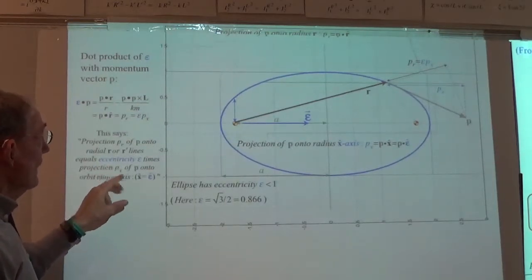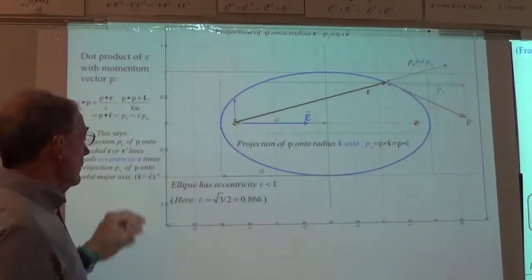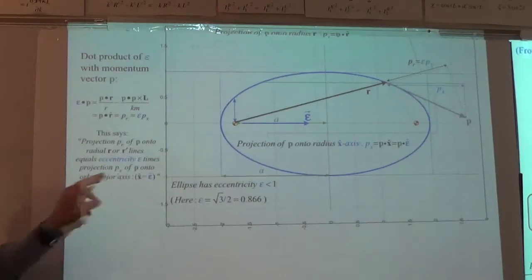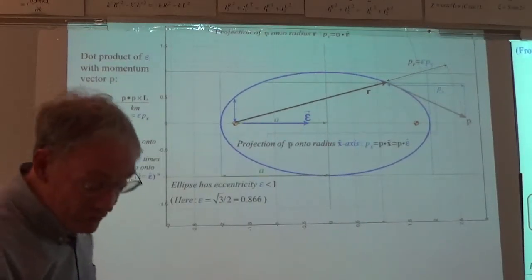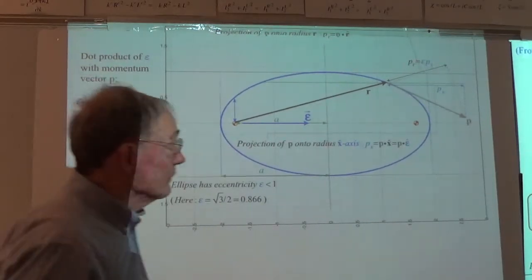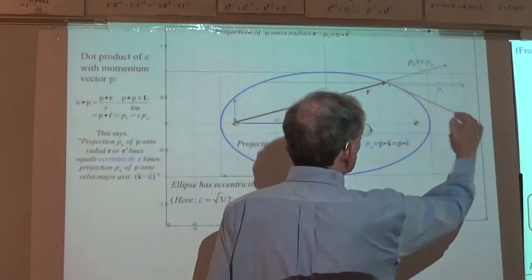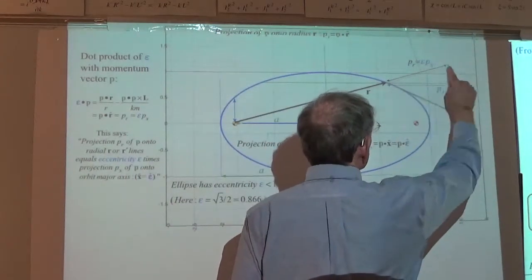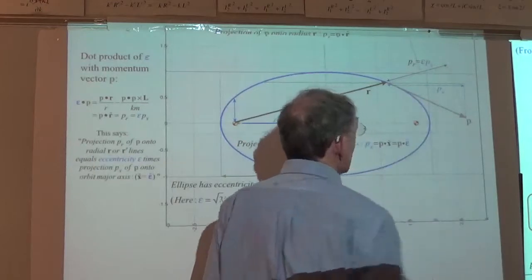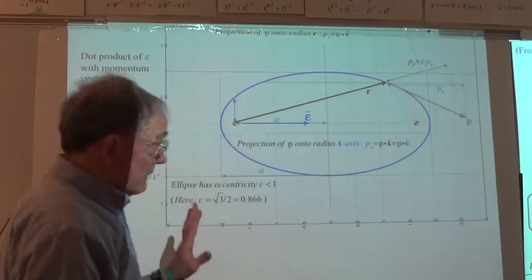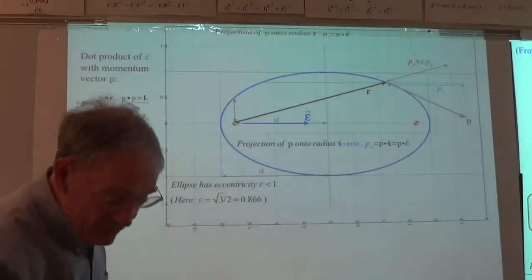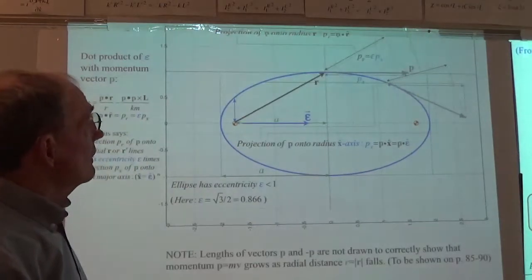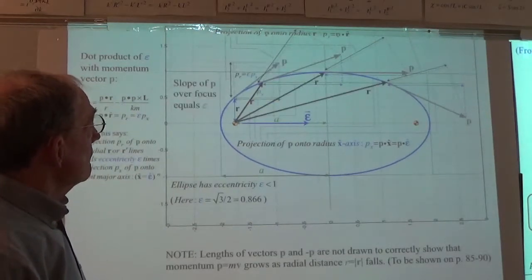That's the projection of p_x, the x component of p, along the major axis. All right, so that's what we see. There's the p_x and the projection of that onto the radius. That's the equation that I'm talking about that we're getting here. That gets useful later. I'm going to rush past showing that for different places.